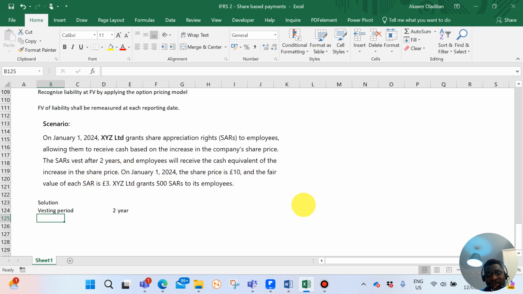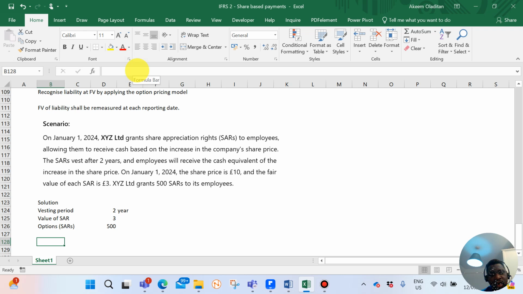So which one should we use? Look at it very well. This is the share price, but this is the value of the share appreciation right. The value of the share appreciation rights is what is important to us here, and the total SAR options is 500.